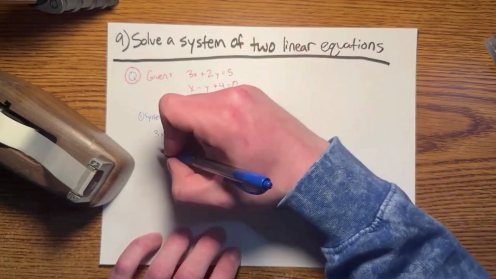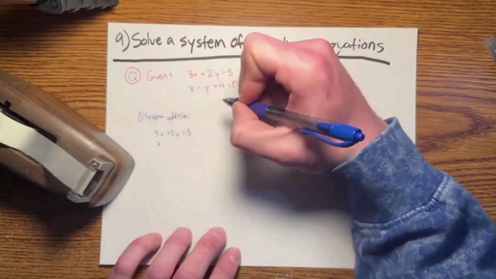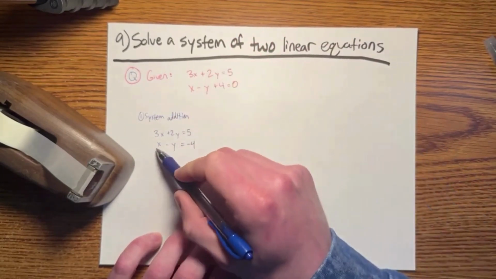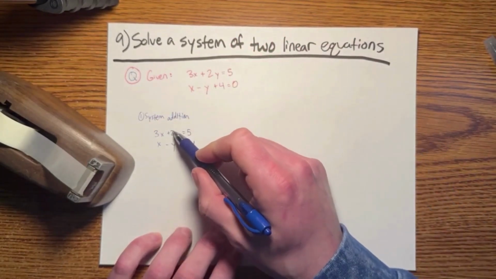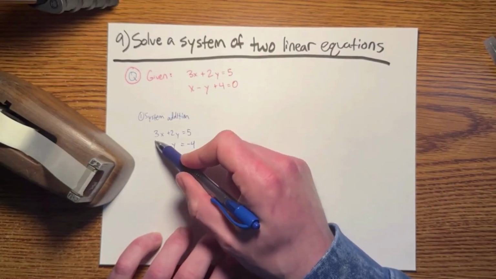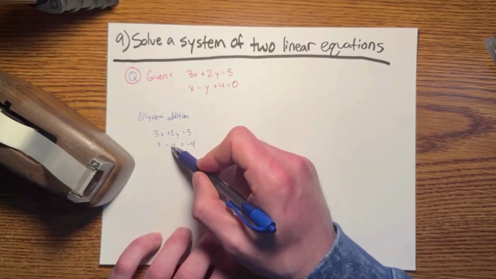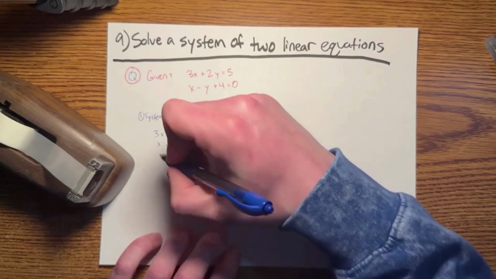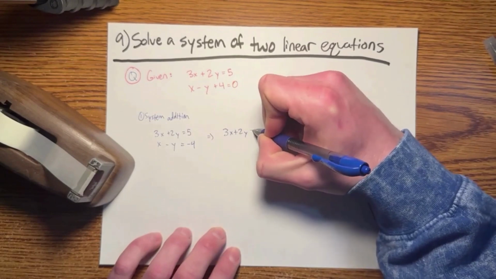So in this case, first off, let's move over that minus 4. So then that's what we're working with. And let's try to isolate the x variable. To do that, we'll have to multiply the bottom equation by 2 so that when we add them together, we'll have 2y minus 2y, they cancel out. For the top, keep it the same.